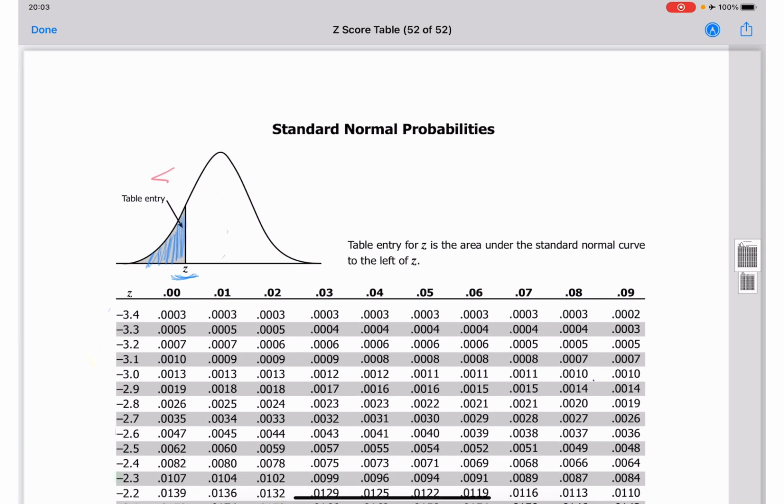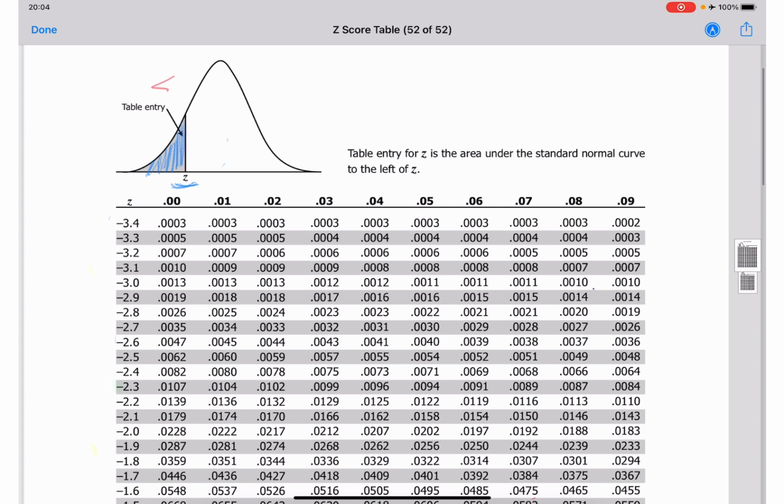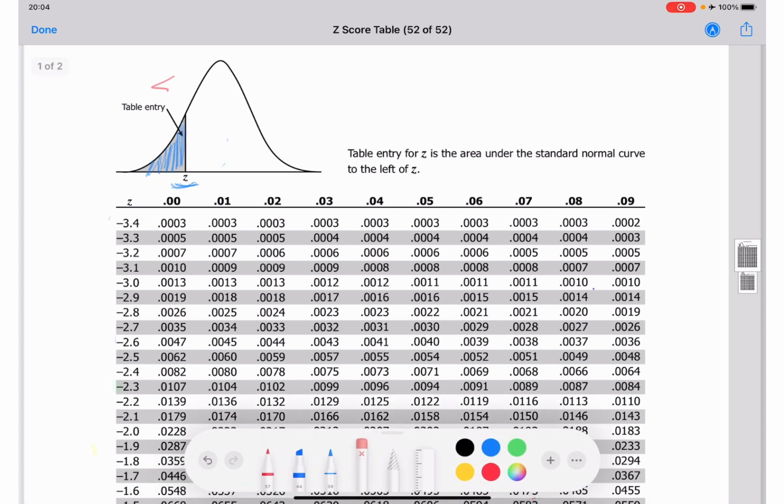Since the z-score is negative 1, I'm going to the table that has negative z-scores. Here it is. We need to find negative 1.